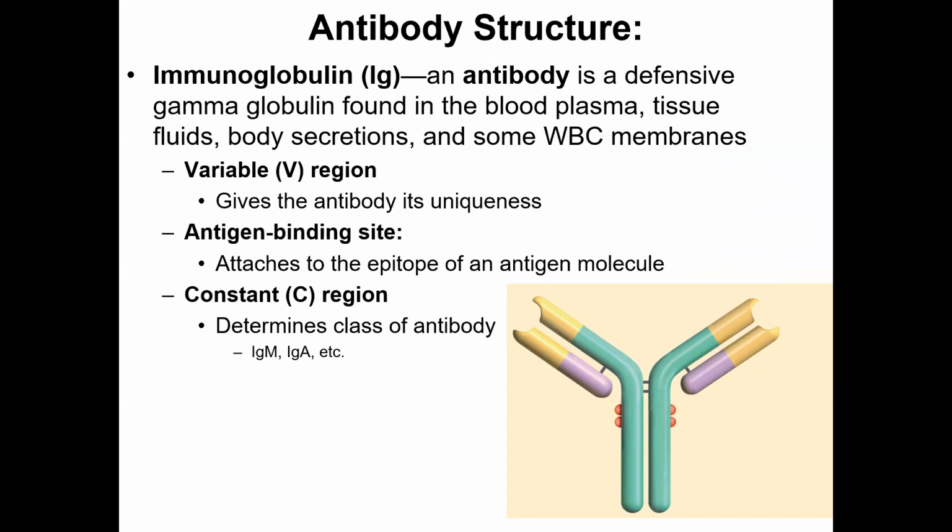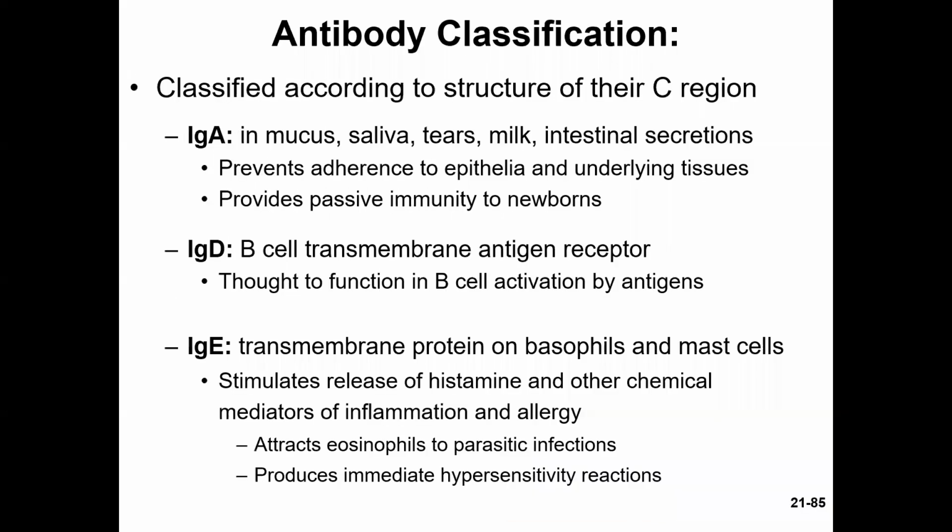It has an antigen binding site, which attaches to the epitope of an antigen molecule. And it has a constant region, which determines the class of the antibody, for example IgM, IgA, IgE. So antibodies are classed according to the structure of their C region.